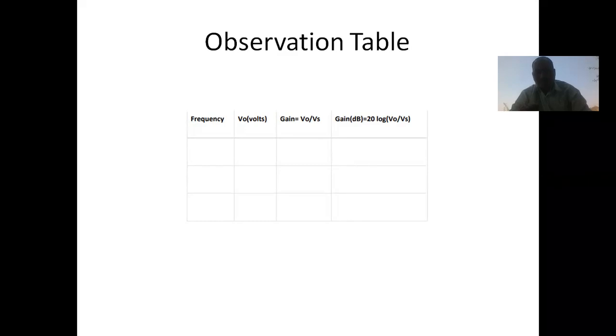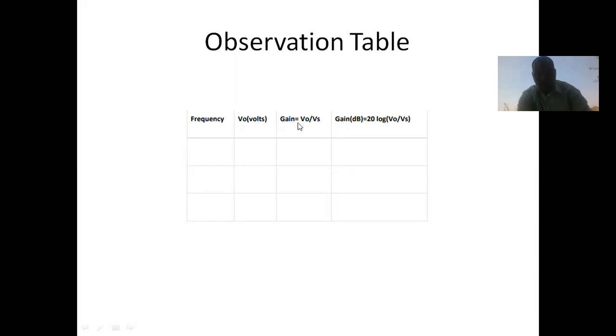Observation table. First column is frequency. Second column is V0 in volts. Third column is Vs in volts.